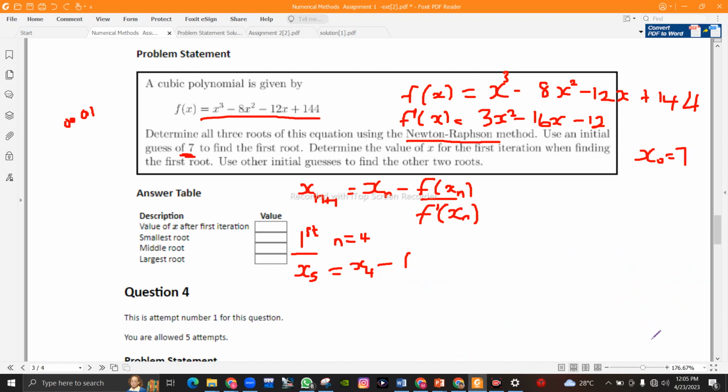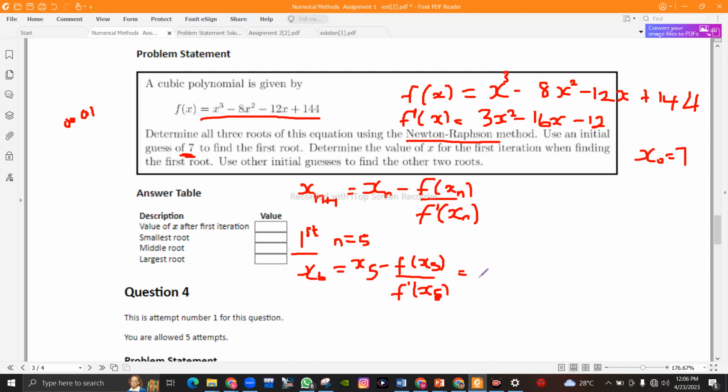So let's go to the sixth iteration, whereby our n will be equal to 5. When our n is 5, we put our x6 to be equal to x5 minus f of x5 divided by f prime of x5. What's our x5?